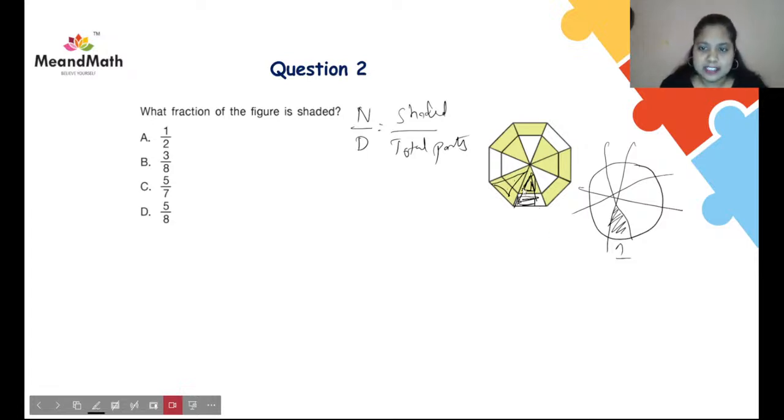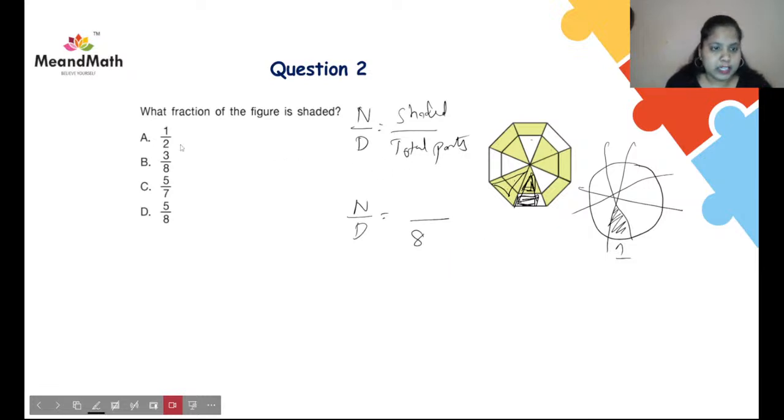So we'll consider this whole thing and this whole thing as one shaded part, that is one piece. Now we are having 1, 2, 3, 4, 5, 6, 7, 8. We have 8 total parts, that is 8 total pieces. So the denominator should obviously be 8. Am I right?